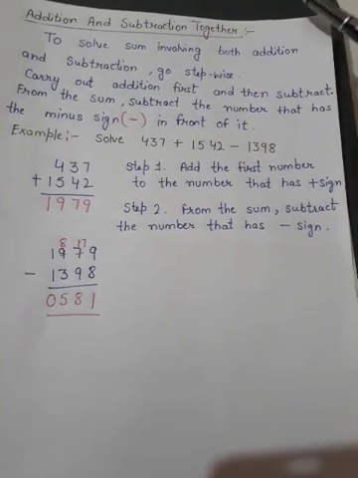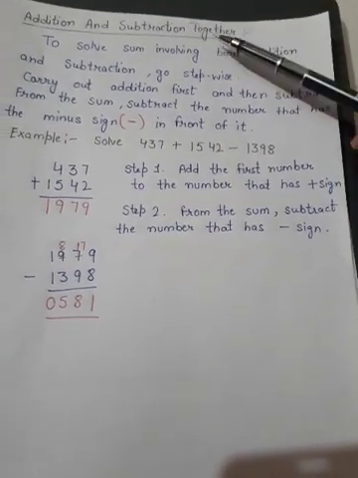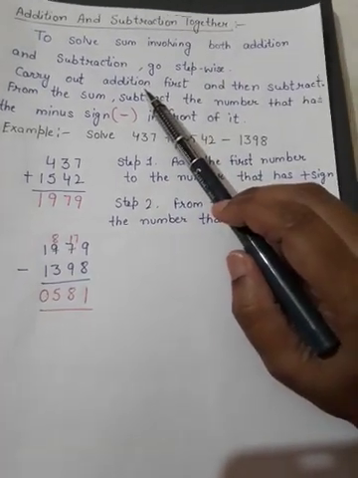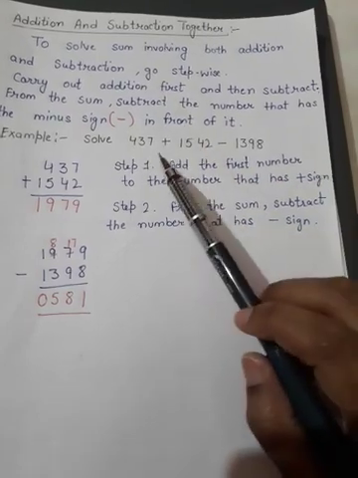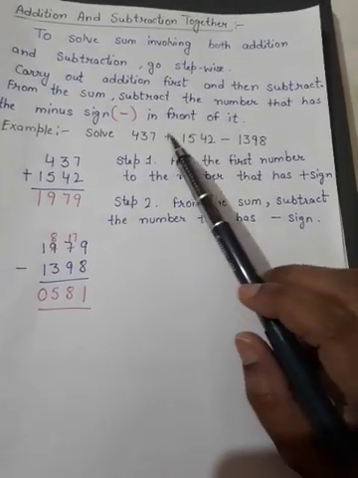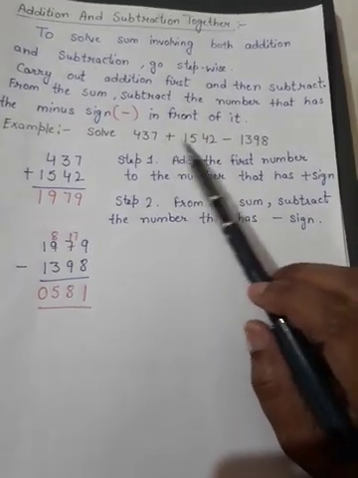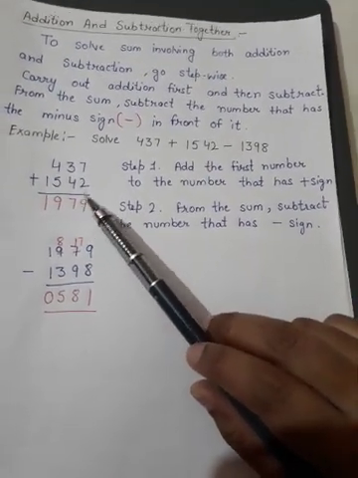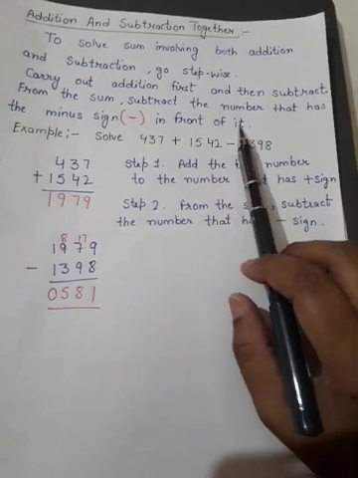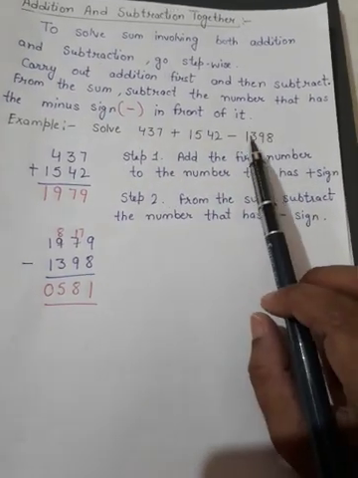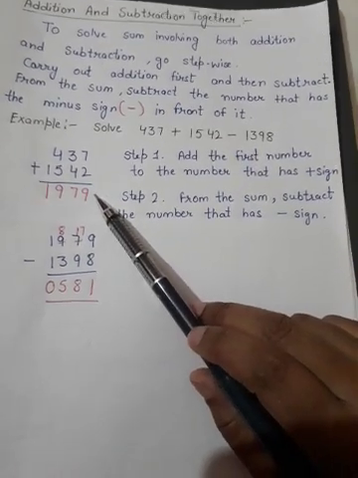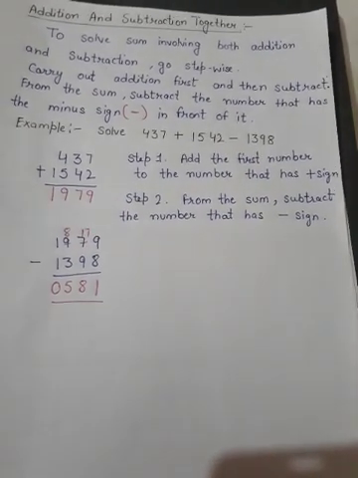If both addition and subtraction are together, firstly we will solve the addition, right? Like here, in this example, you can see this one and this one we have to add, and the sum will come. From this sum we will subtract the number that has the minus sign. We will subtract this number from the sum, right? In this way we have to solve.